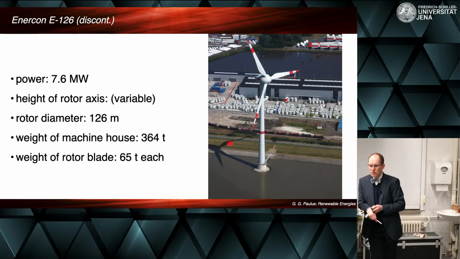It's a huge machine. At the time it was built, it was the largest windmill in the world. The diameter, of course, is 126 meters. The weight of the machine house is 360 tons.